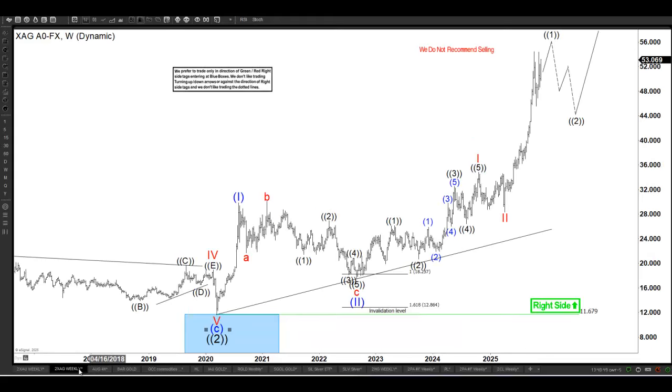Remember, you don't trade against the trend, Laster, because there is no guarantee that it's going to reach 45. There is no guarantee, because this wave 1 and wave 2 can be here.